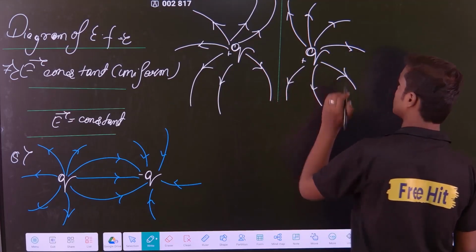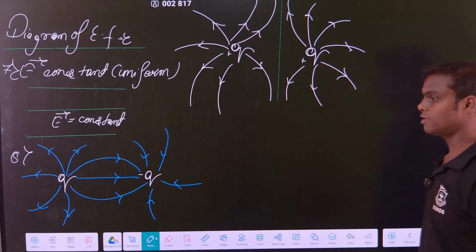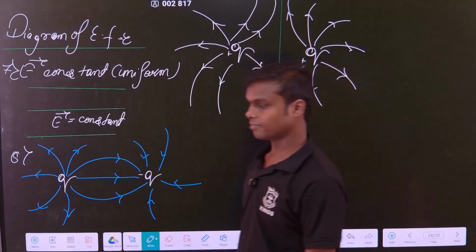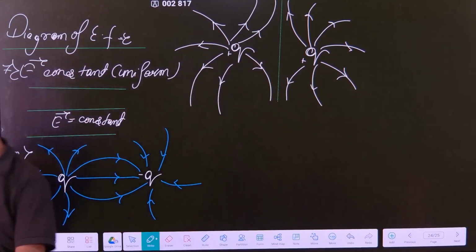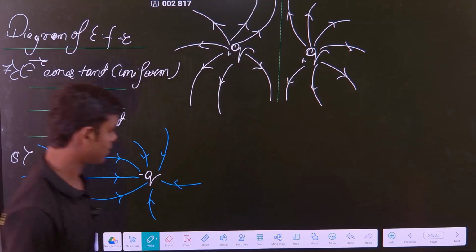If some noise is coming to you, please ignore it. So this is the field line for two positive charged particles. Clear? Any doubt? Just draw it. Done?